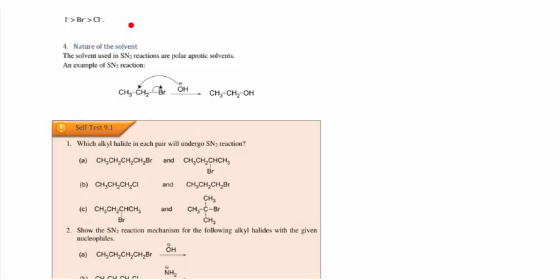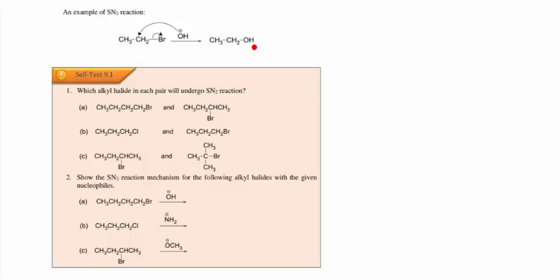And if there was an iodide in either of the molecules, then that would undergo SN2 reaction much more easily. So both will undergo SN2, but of the two, bromopropane will undergo SN2 reaction much more easily.